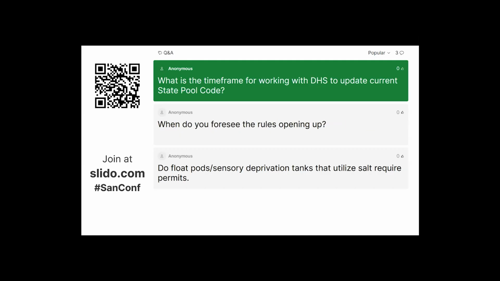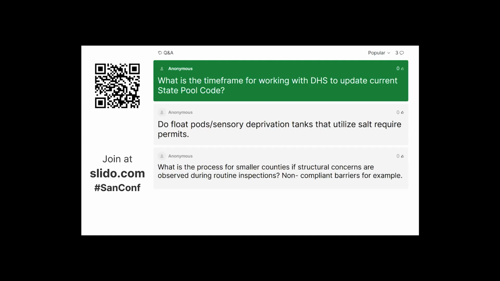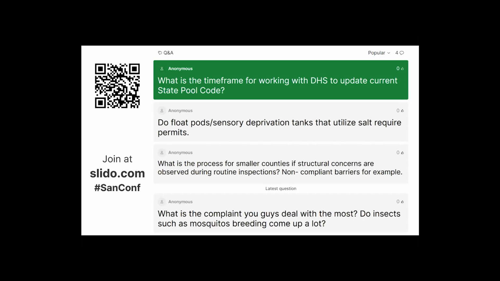What is the time frame for working with DHS to update the current state pool code? There is no time frame. The hope is that we can work together to establish new updated pool regulations, because we do understand that they are very old, archaic, and need to be updated completely.